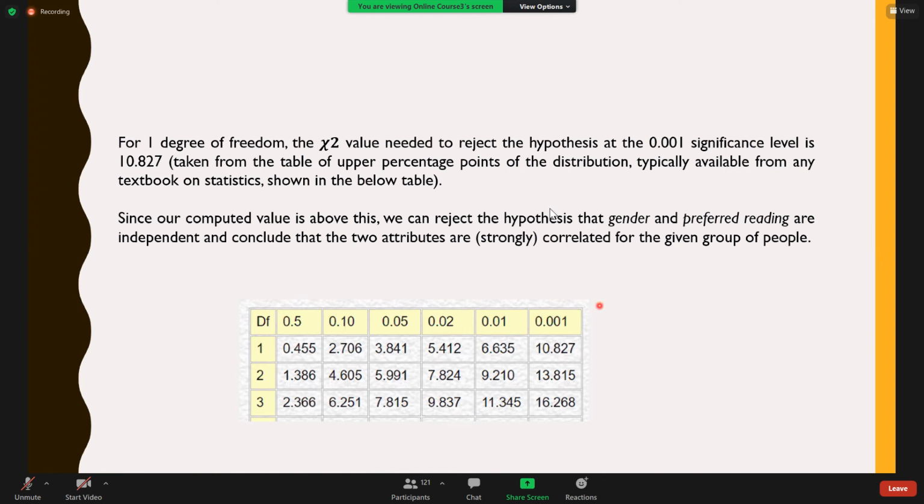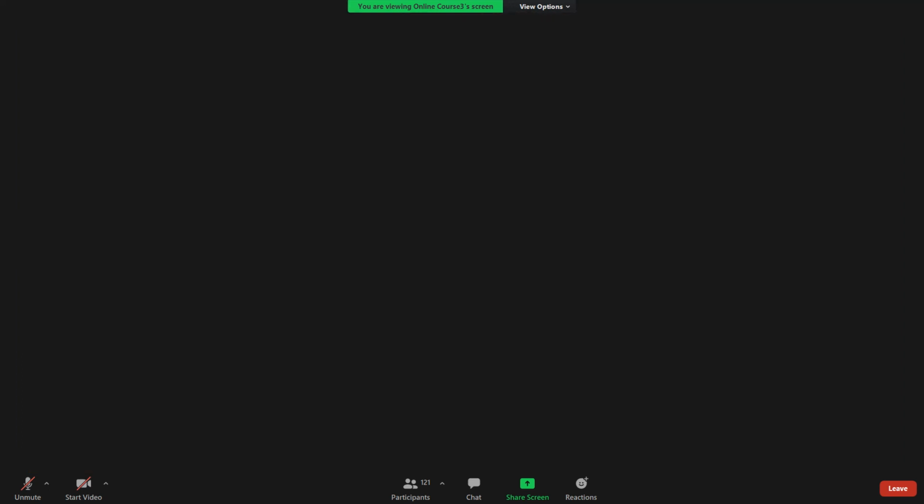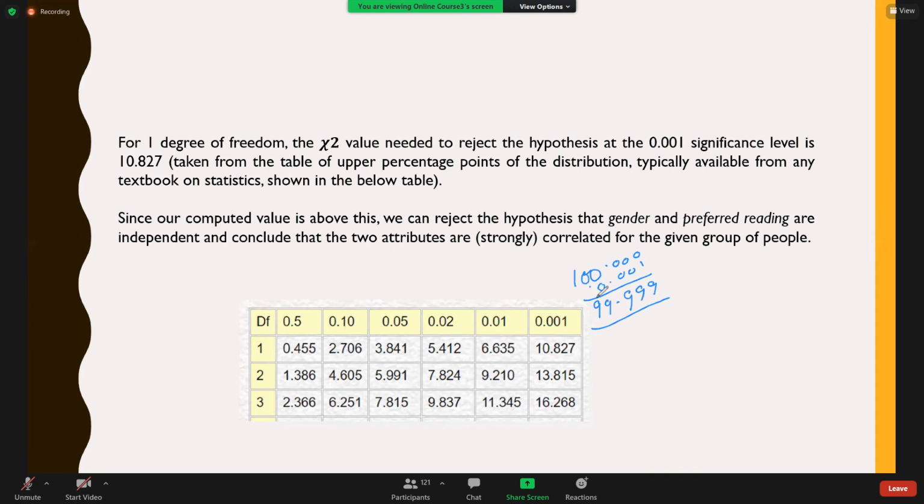I'll give you an example. What is the highest accuracy? 100%, right?